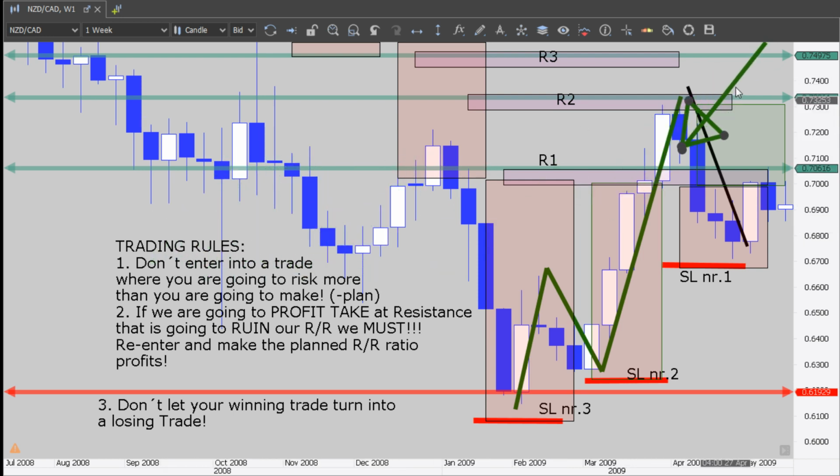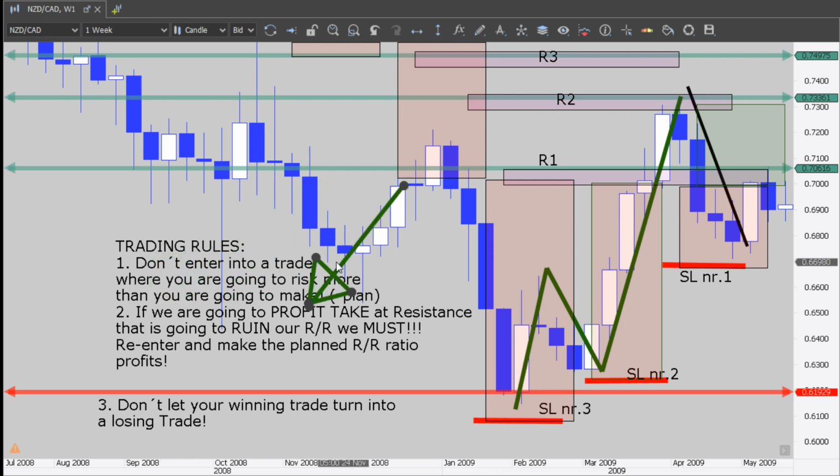So if I profit take at number 2 and my stop loss is at number 2 or number 3, I need to be very careful, as Miguel says, not to form bad trading habits. And the only solution that we have, everybody, is number 2 in here in the trading rules.